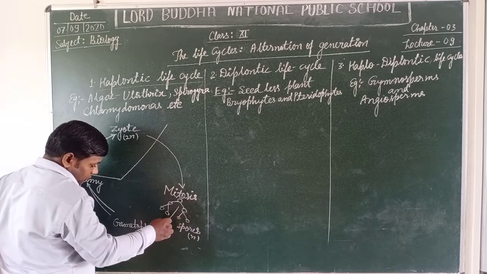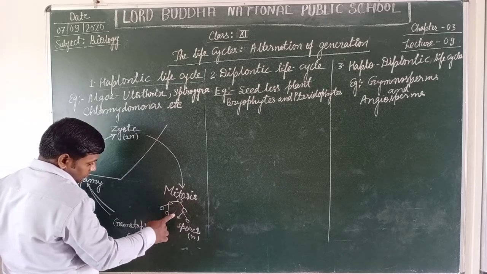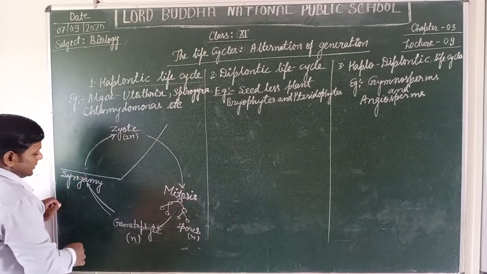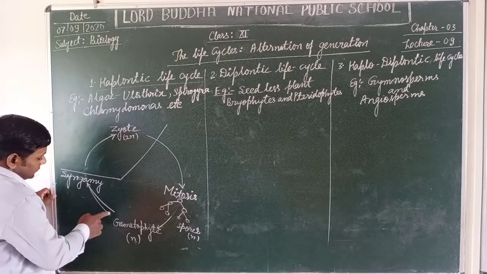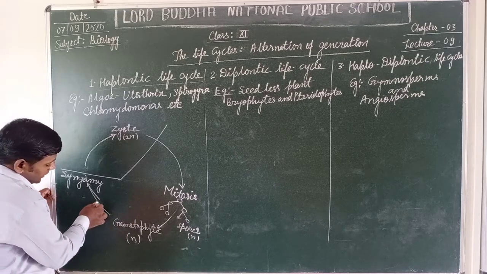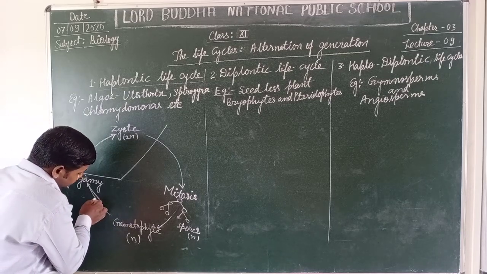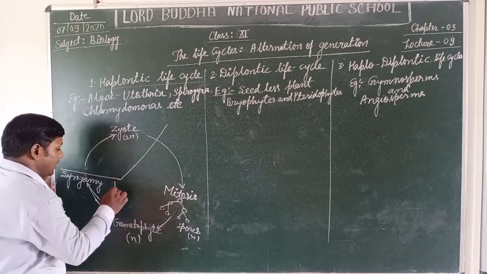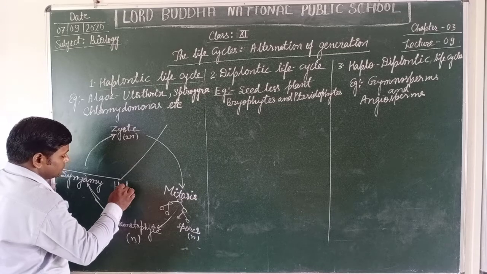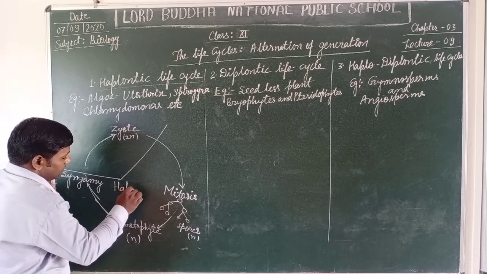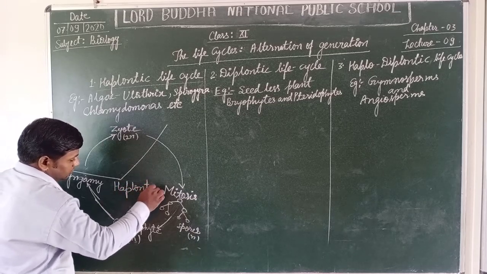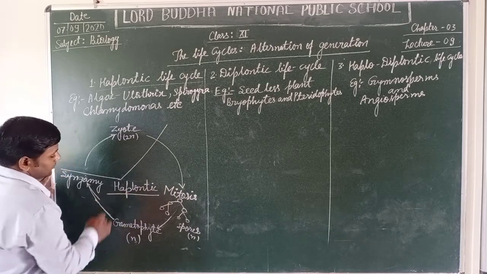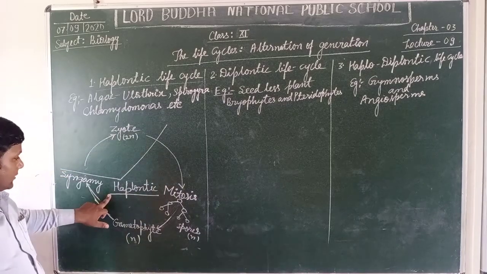Such type of alternation of generation found in these kinds of plants is said to be the haplontic life cycle.